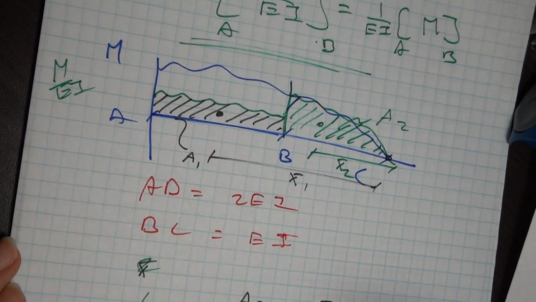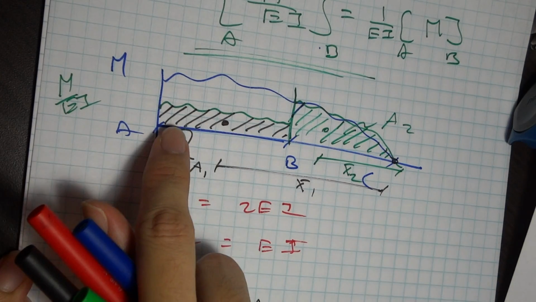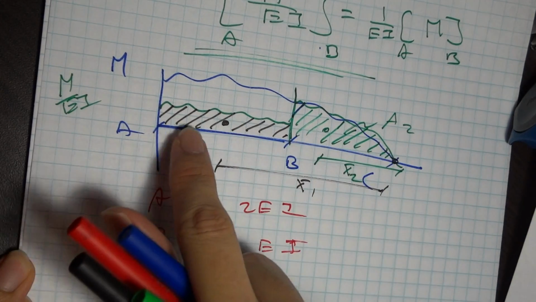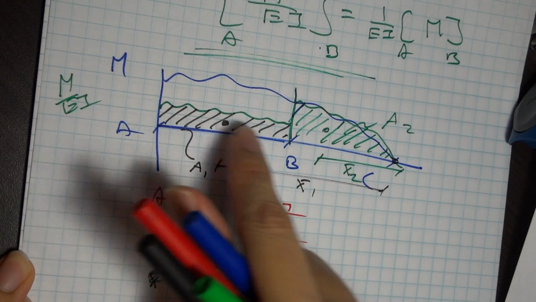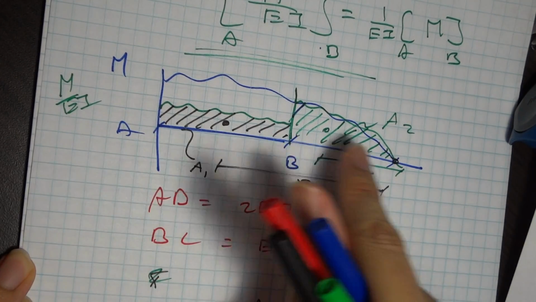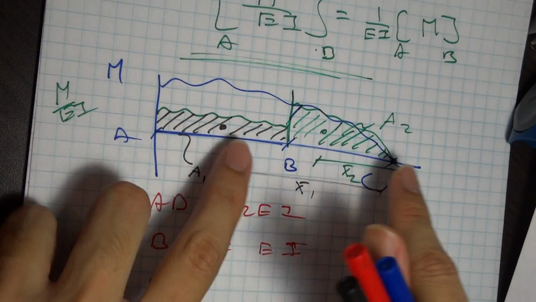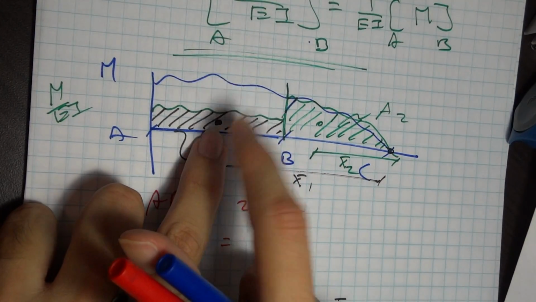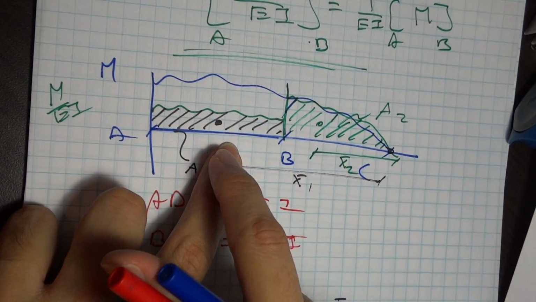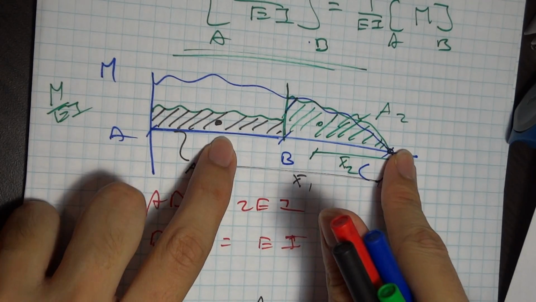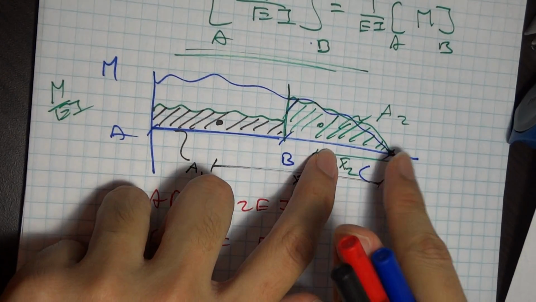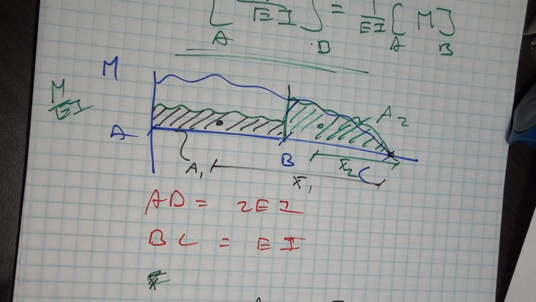And then use your deflection equation, use your TBA equation. So take the area of each segment. So the area of this segment, multiply it by the centroid from the point you're interested in to the centroid of the shape you're interested in. Area of this shape times this distance.